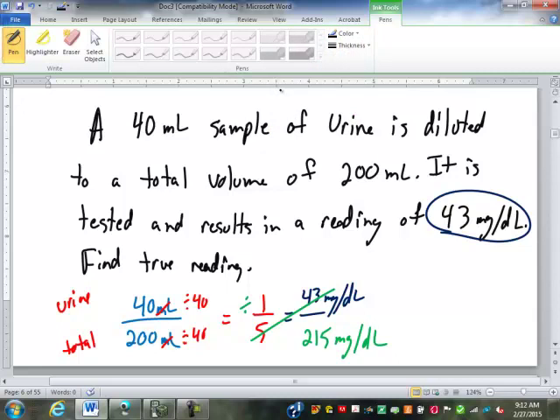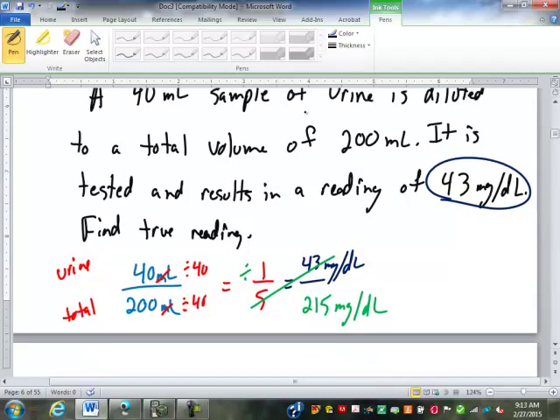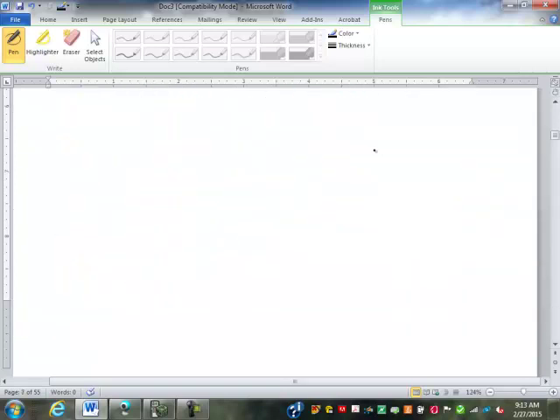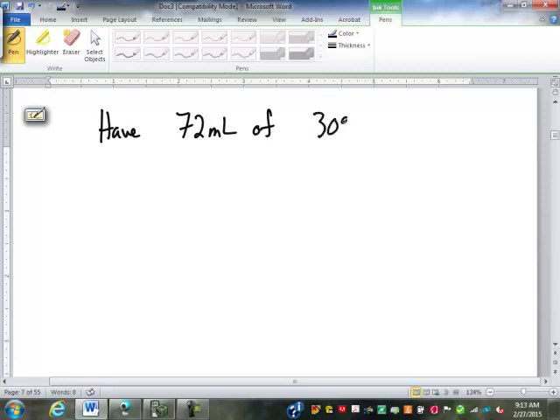Okay, in our next step, we're going to start looking at what if we don't have a pure serum? What if we already have a diluted serum and we're going to dilute it further? So let's say we have 72 milliliters of, we'll go 30% solution.